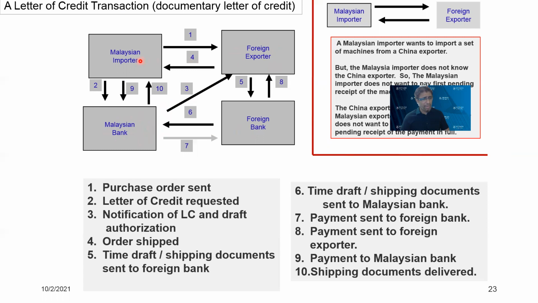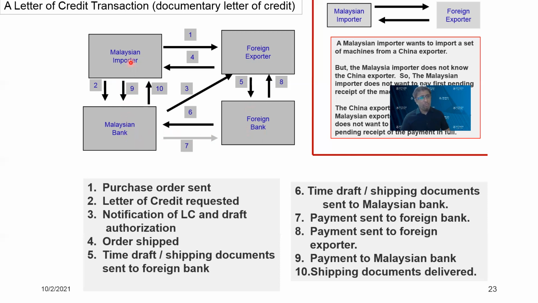The goods will come by sea, and then there are documents called the bill of lading, packing list, whatever. They will send it to the foreign bank. Now the foreign bank will send this to the Malaysian bank. The Malaysian bank will send the money and collect the money from the Malaysian importer when the goods come.